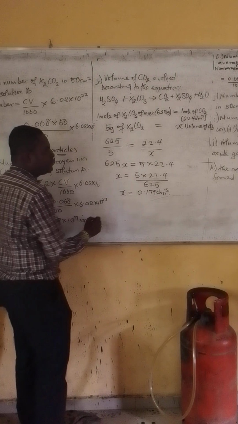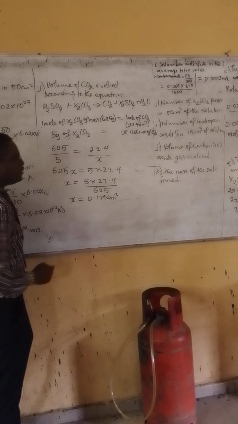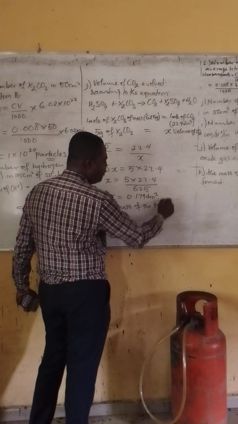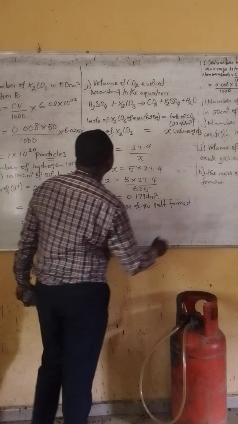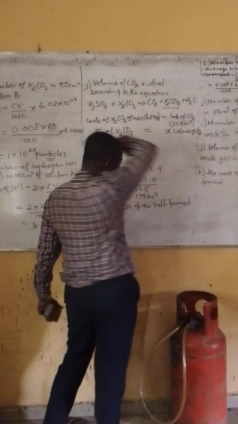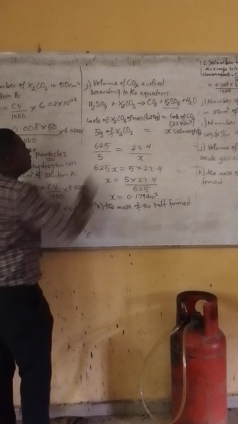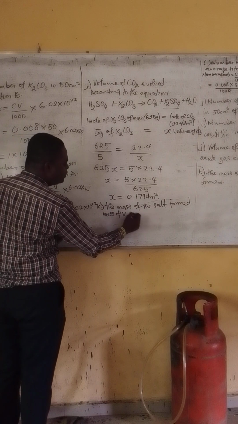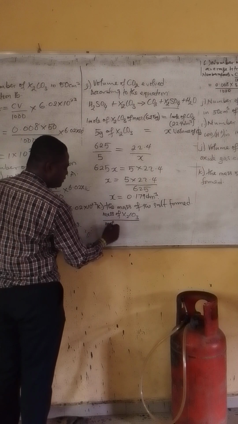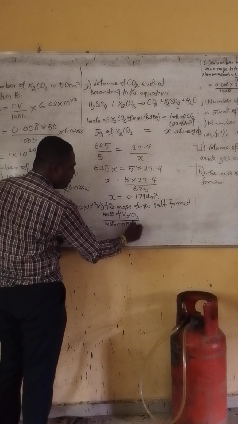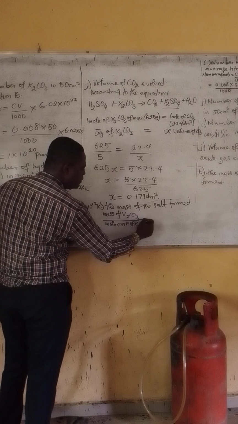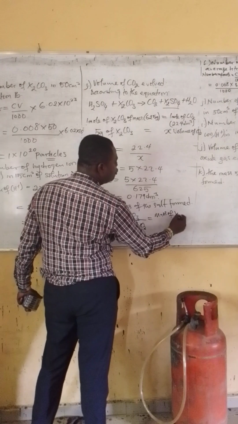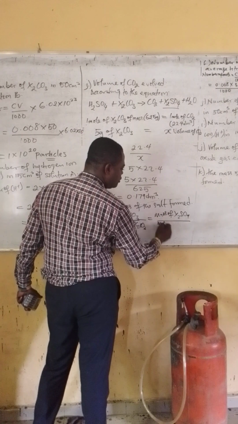So lastly, we are asked to find the mass of the salt formed. Don't forget from the equation, this is the salt formed. So we are going to use a relationship. Mass of X2CO3 over molar mass of X2CO3 is equal to mass of the salt, which is X2SO4, over molar mass of the salt.